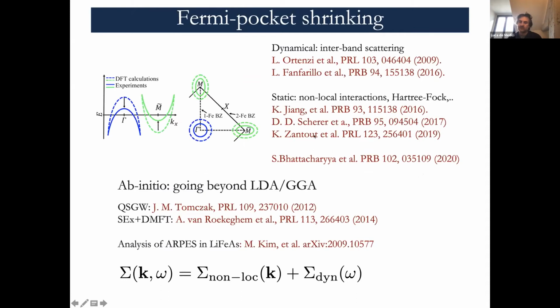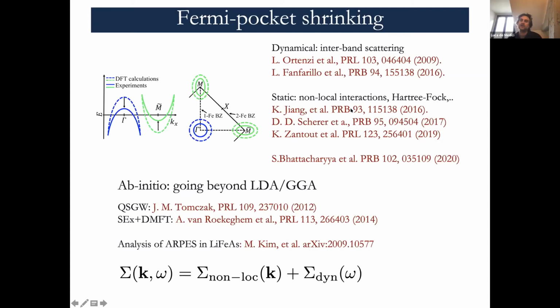And there's a lot of work that has been done again in the community, both evoking a dynamical mechanism, so a self-energy which is due to interband scattering, or also the fact that the DFT doesn't take into account correctly the short range interaction, for instance, through incorporating them through Fock. And both mechanisms can give a shrinking of the Fermi surface.